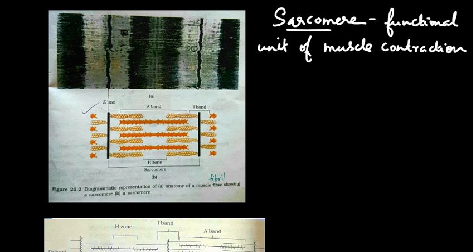Now, if we take a look at the skeletal muscle structure, there are alternate light and dark bands. This much portion is one dark band, and this dark band is called the A band. This A band is due to the protein called myosin.